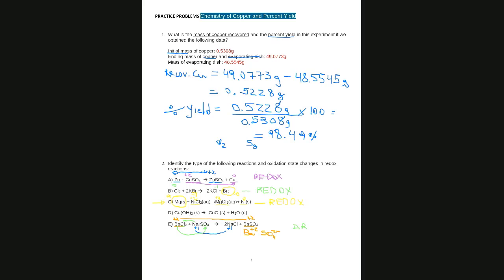Well, we have here just one substance, copper hydroxide, that decomposes into two substances. When one substance breaks down into simpler substances, that is a decomposition.